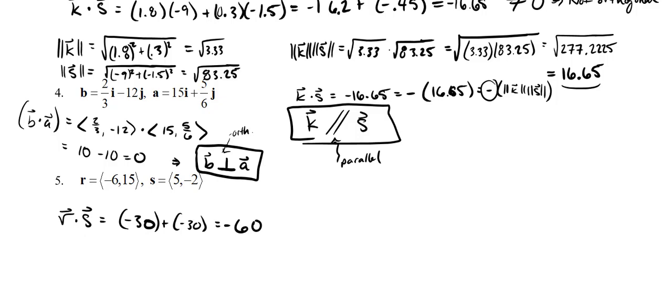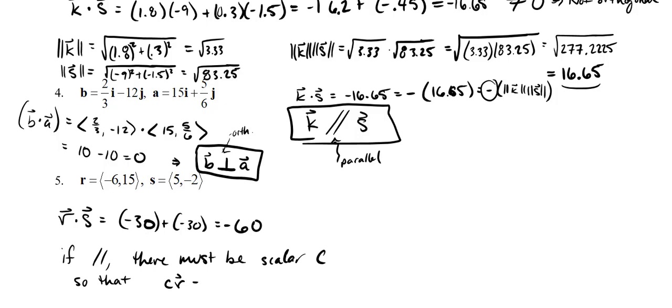So let's see this one a different way. If parallel, there must be a scalar C so that one vector multiplied by C equals the other vector. That's another way of thinking what parallel means. One is just a scalar multiple of the other. It has the same direction but possibly different length.